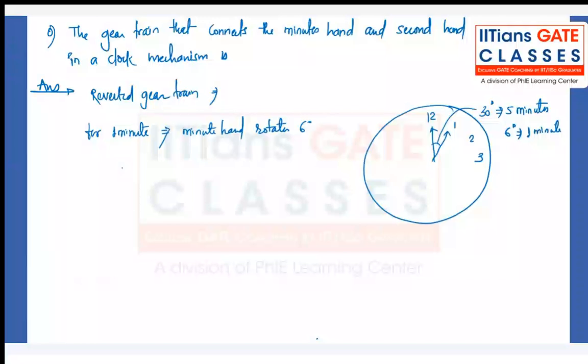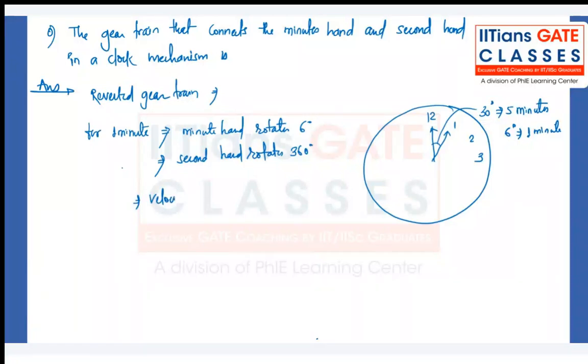So for 1 minute, the minute hand rotates 6 degrees, and the second hand rotates 360 degrees.